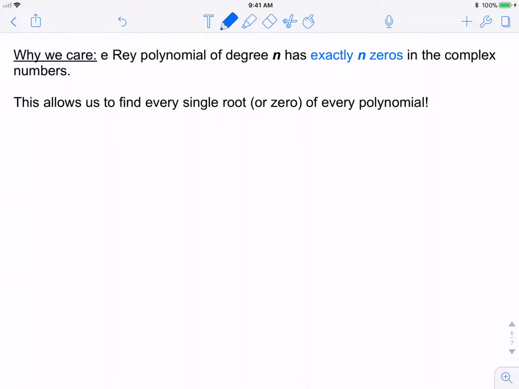What this means is that if we have any polynomial, if instead of working in the real numbers, we work in the complex numbers, then we can find every single root or every single zero of every single polynomial. And now we don't have to worry anymore about running into these square root problems. We can start factoring and get some nice results. So in the next section, we'll start looking into these zeros and how we can find them, and we'll start fixing some typos here.